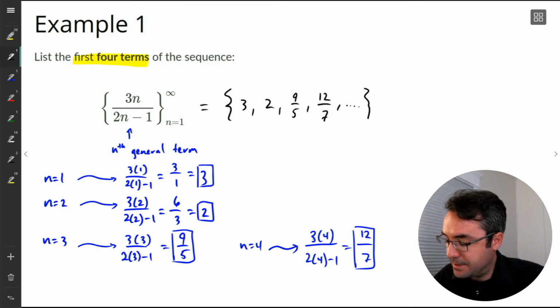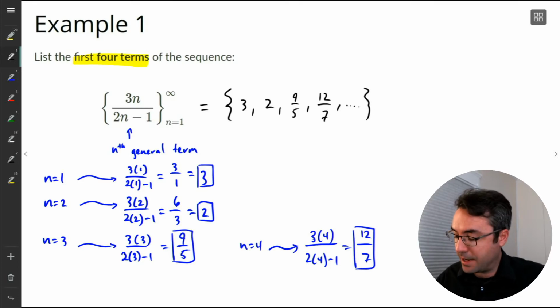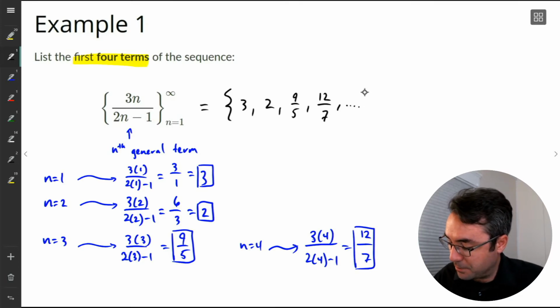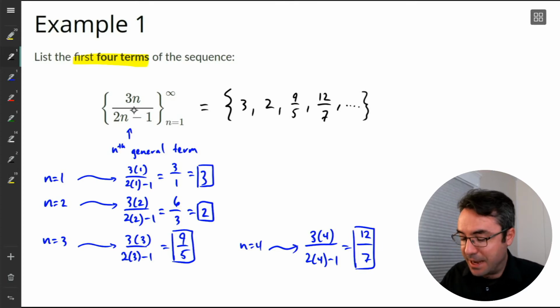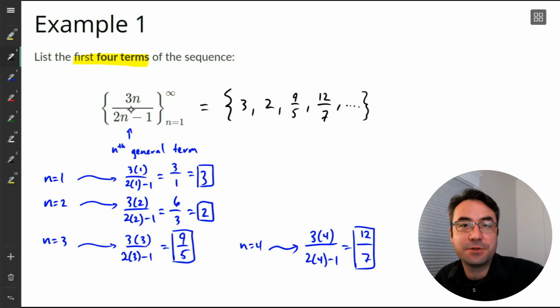And then we put dots in our curly bracket there to indicate that the sequence keeps going. All right, so writing out the first few terms of a sequence really comes down to plugging integers into a formula and evaluating. Not too bad. Let's try another example.